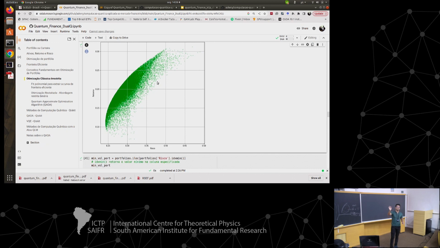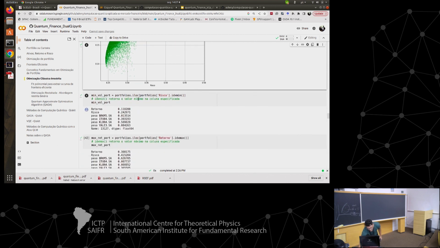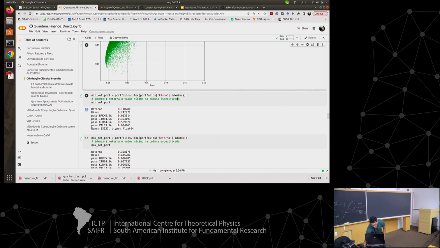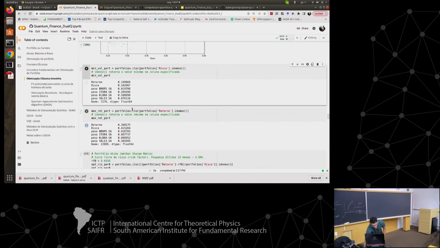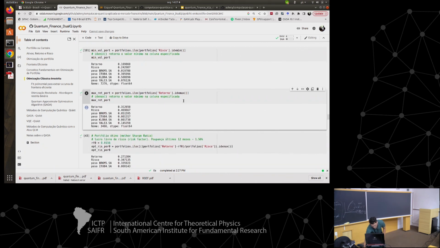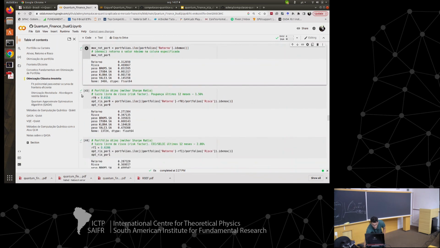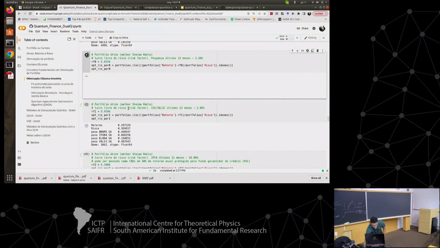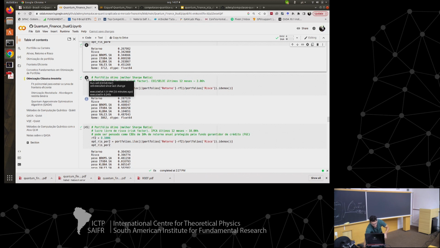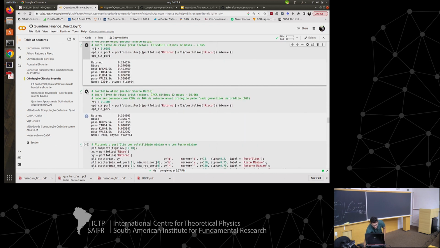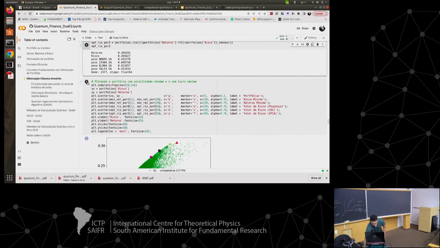For a given risk, you have a maximum return, right? So here it's just plotting how you get the portfolio with the minimal risk. I get the index, then the portfolio with maximum return, and the one associated with a given Sharpe ratio, and then here I will plot.